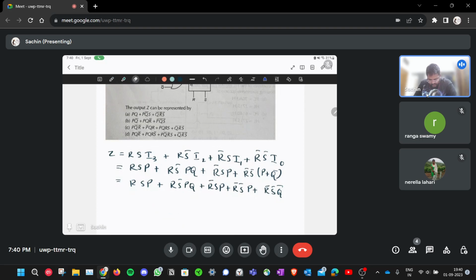PQ S bar R is present in option number 4, so it could be option 4.